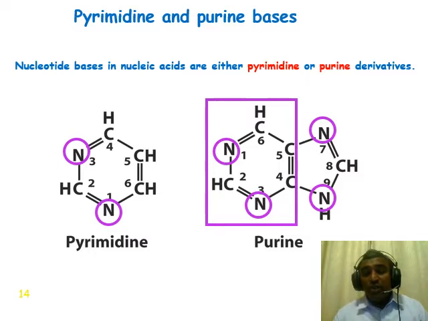For the pyrimidine, the connection of the ribose or deoxyribose sugar will be at the N1 location, while for the purine it will be at the N9 location. And all five bases are part of these two groups.